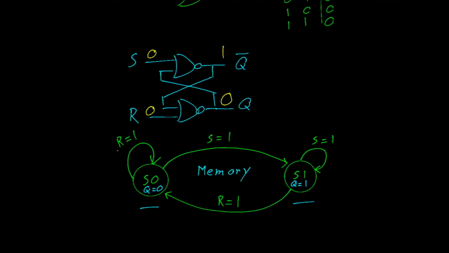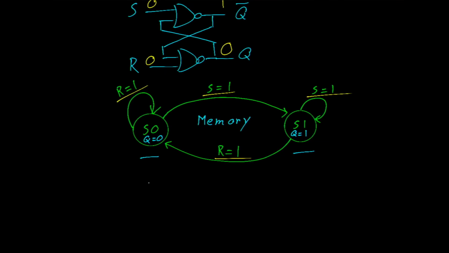In this example, those conditions are described by the lines. If in state 0 and S equals 1, go to state 1. If in state 1 and reset equals 1, go to state 0. There is one caveat to all this, and that is don't assert S and R at the same time.